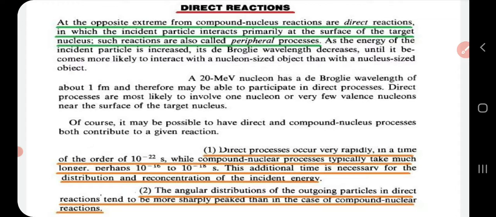As the energy of the incident particle is increased, its de Broglie wavelength decreases until it becomes more likely to interact with a nucleon sized object than with a nucleus sized object.